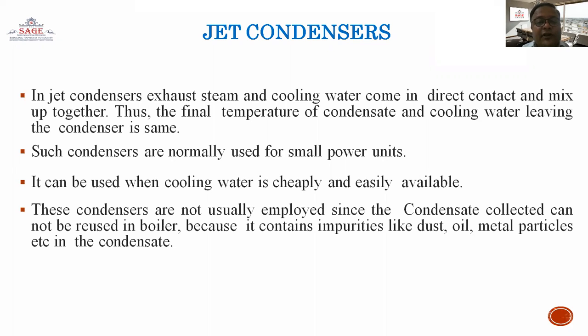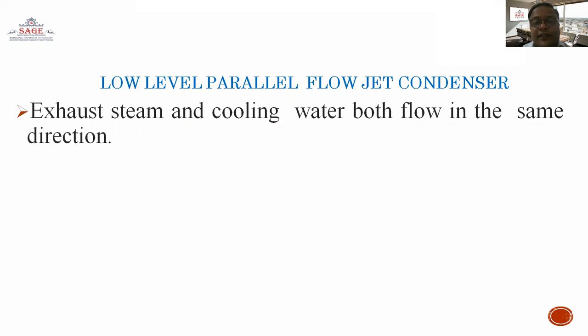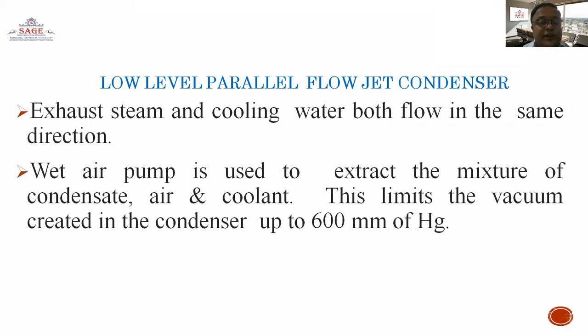So because the jet condenser uses mixing of the cooling water and the exhaust steam, the condensate obtained after condensing is not pure; it contains dust, oil, and metal particles. Low level or parallel flow jet condenser: the exhaust steam and the cooling water both flow in the same direction. This is the basic functioning of the low level parallel flow jet condenser.